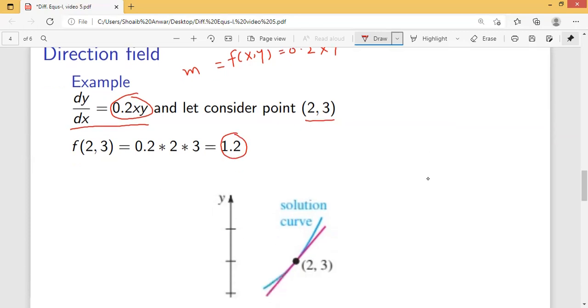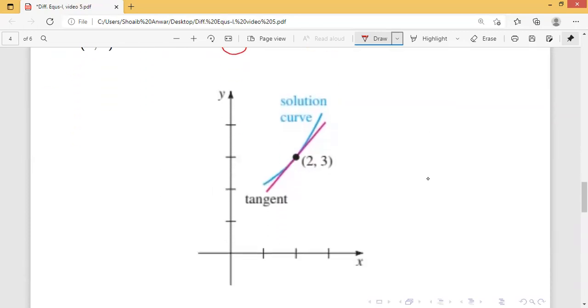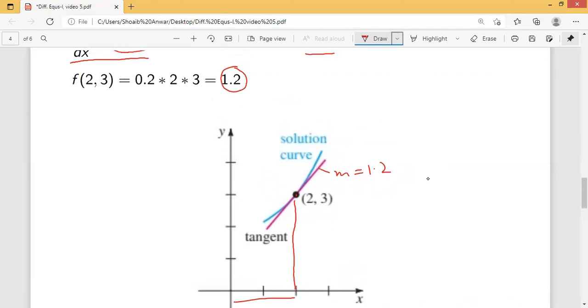So in an xy plane at point (2,3), at this point a line with slope 1.2. You can see that is the line with slope 1, so just raise it a little bit and you will get a line with slope m equal to 1.2.